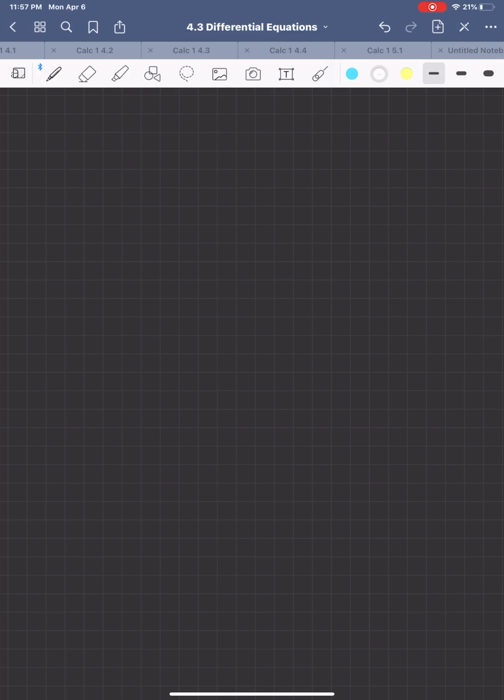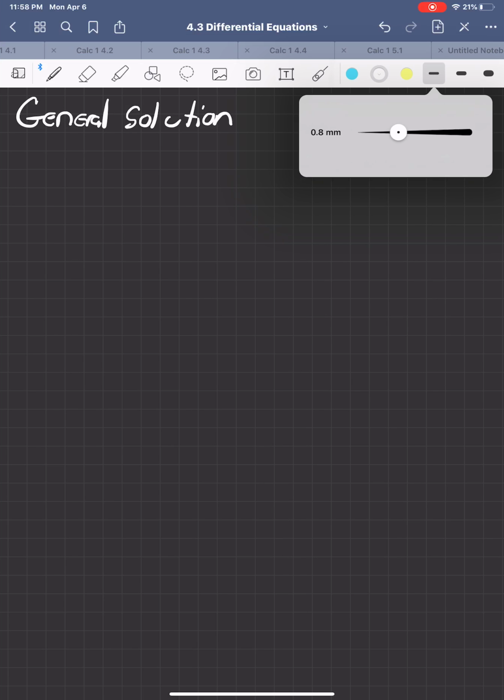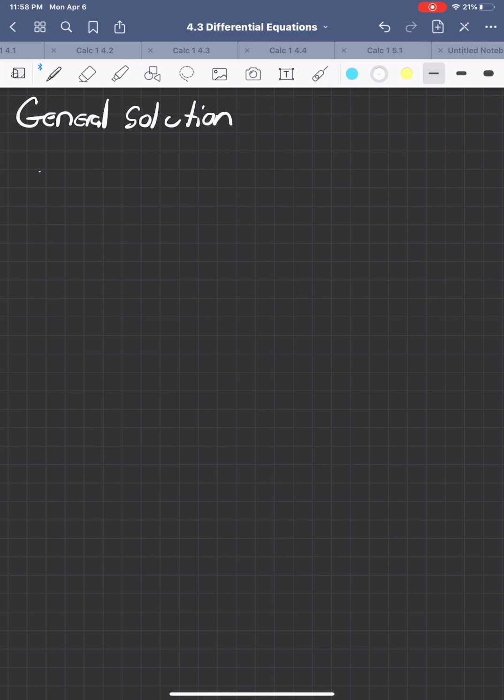So it looks like this. I'm going to make this a little bit smaller so I can get it all on here in one line. All right, so here's the general solution.